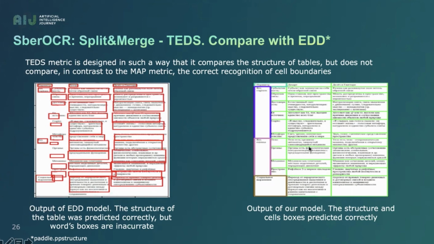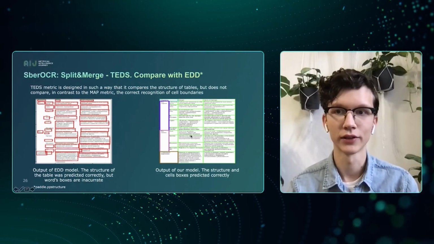This is a prediction of the EDD model where the structure is predicted correctly, but the word cell coordinates are predicted inaccurately. On the right, you can see the output of our model. The structure and cells are recognized correctly. So, we cannot rely on the metric in this task.